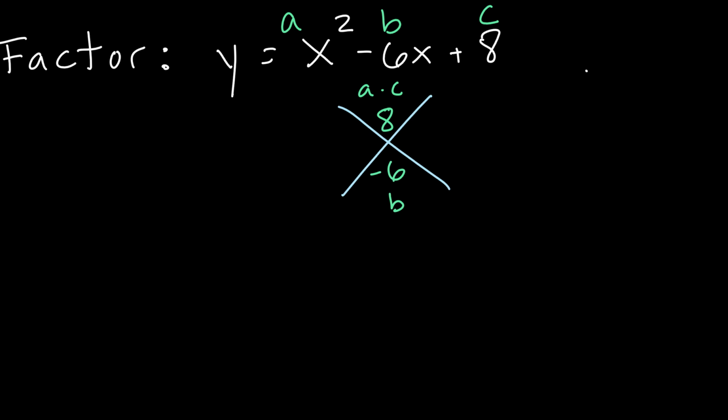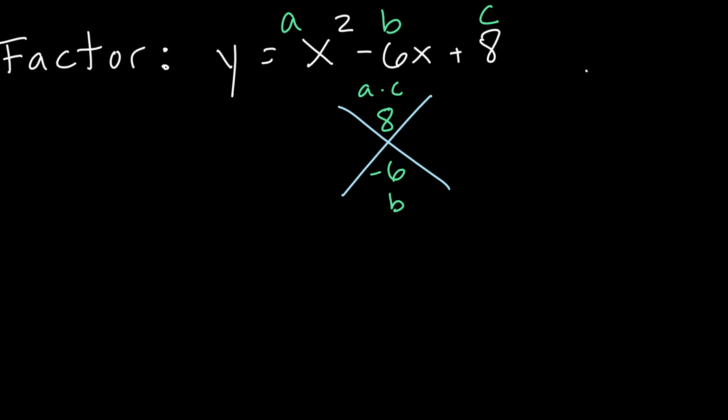Now what do you ask yourselves about these two numbers? What two numbers multiply to give me 8, but add to give me -6? Now again, if you can't think of this in your head, you can do a little factor chart over to the side.